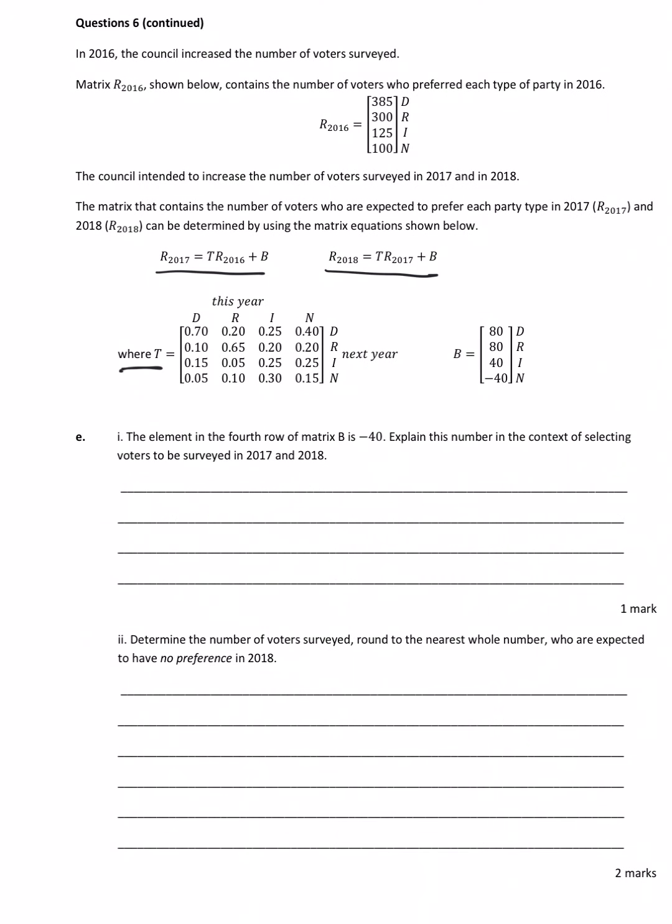The element in the 4th row of matrix B is minus 40. Explain this number in the context of selecting voters who'll be surveyed in 2017 and 2018. I actually haven't done this question. I've answered it before.